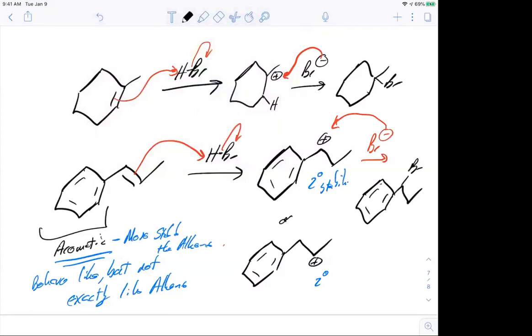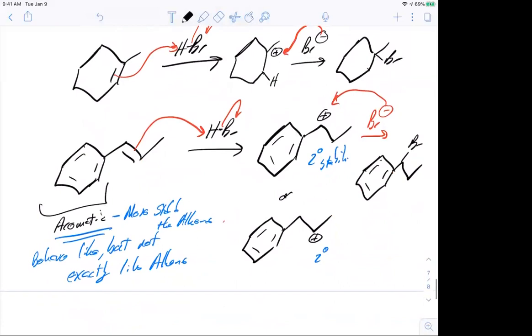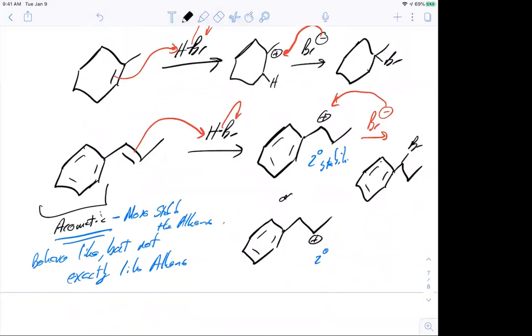Okay. So the regioselectivity of electrophilic additions to alkenes is going to be based on the carbocation stability.